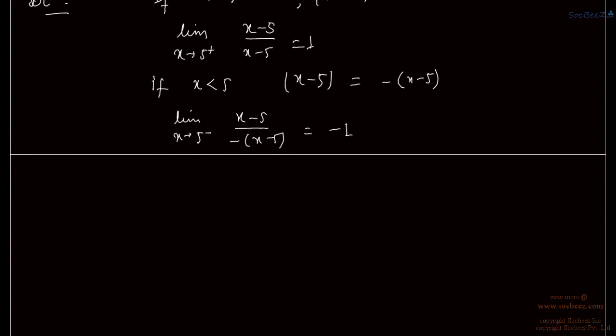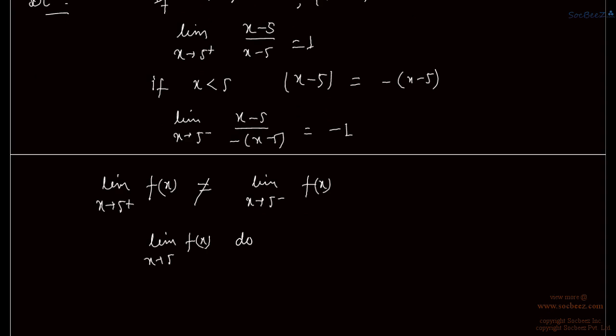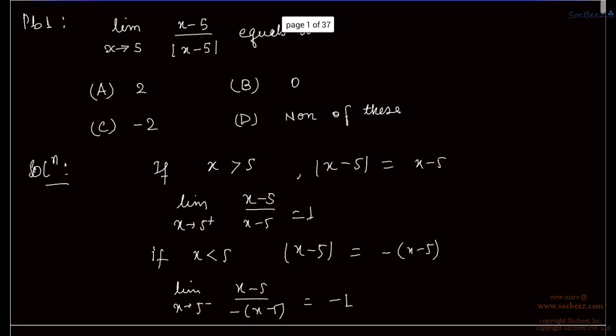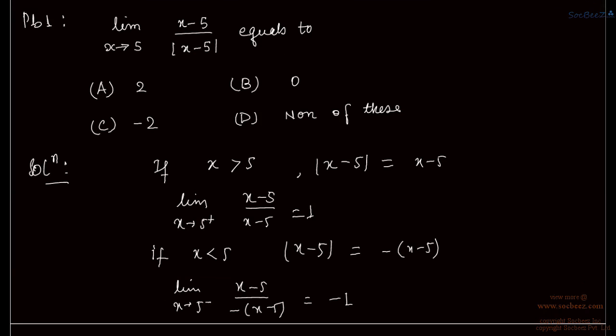We say that limit x tends to 5 plus f(x) is not equal to limit x tends to 5 minus f(x), right? So limit x tends to 5 of f(x) does not exist, right? In the options, none of the options are correct. Option D, none of these, is the right one. Okay.